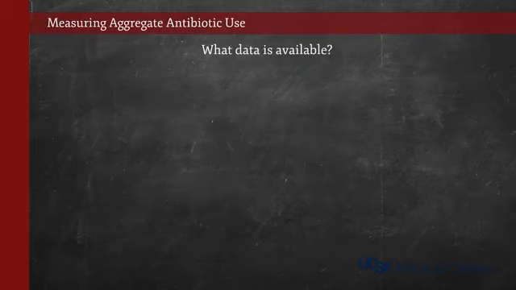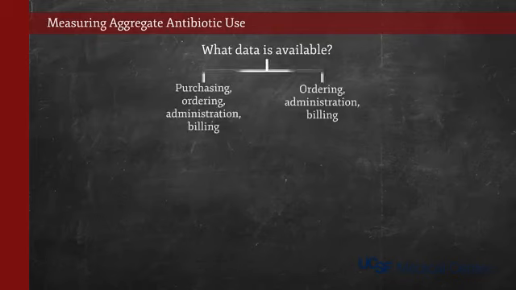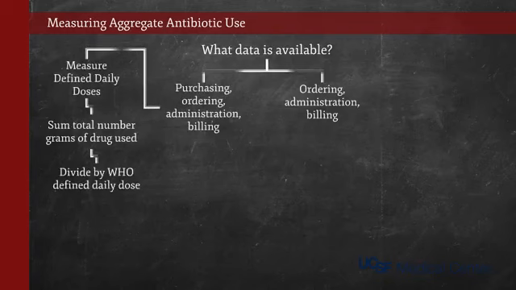Defined daily doses can be measured on a variety of data sources and involves summing the total grams of drug used during the period of interest and dividing by a number set by the World Health Organization representing an average or defined daily dose.